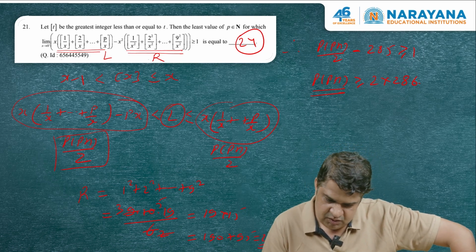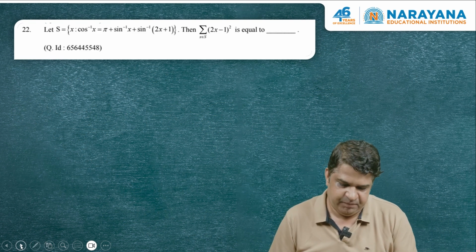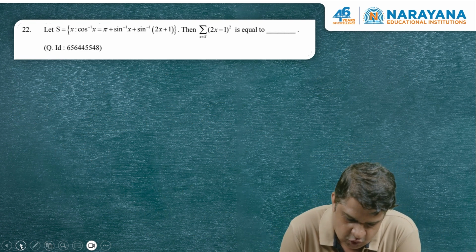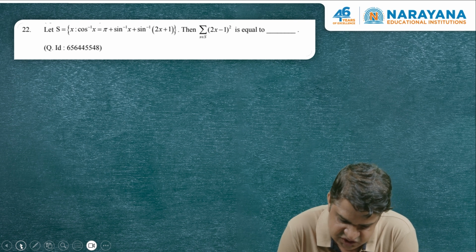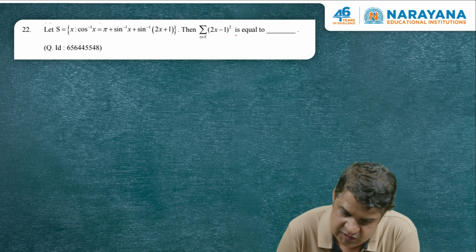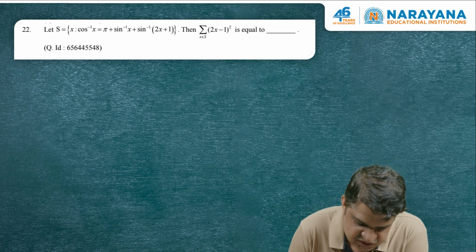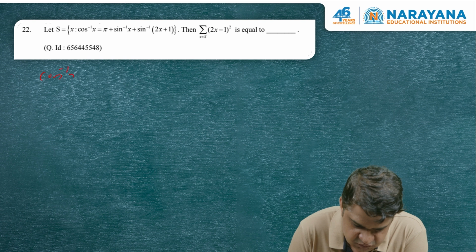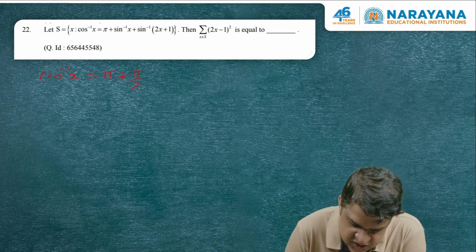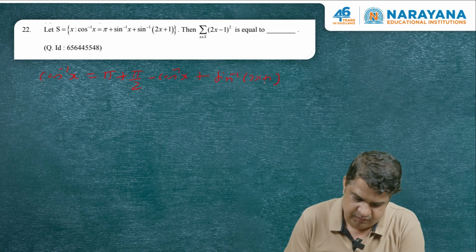Okay. So, moving to the next question. Here we have to find all x satisfying the given condition, and for all those x we have to calculate the summation of (2x minus 1) whole square. First of all we simplify this condition, that is cos inverse of x equals pi plus sin inverse x, which can be written as pi by 2 minus cos inverse x plus sin inverse of 2x plus 1.